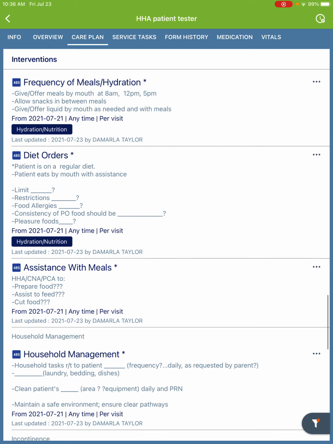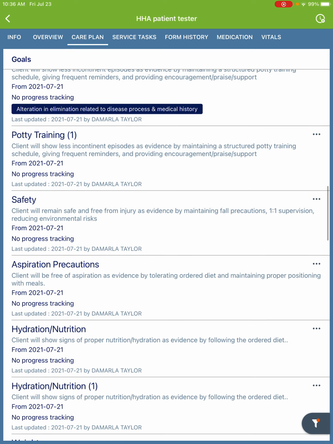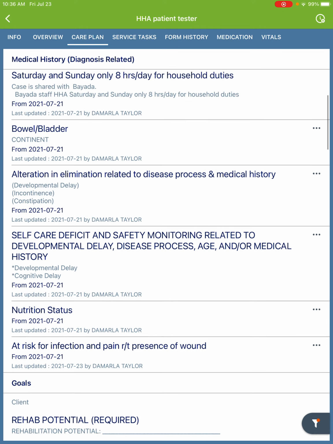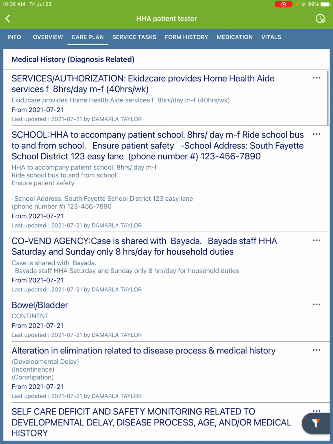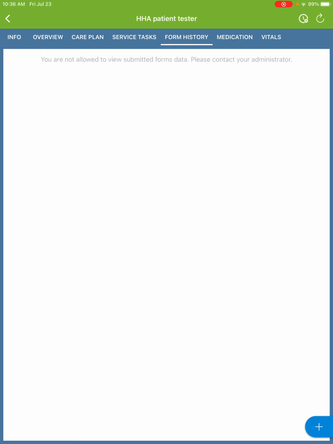So as I said in the previous training, this gives you a complete picture of the patient's entire plan of care, even if there are things that you may not do specifically on your shift. We have our service tasks here, which we did go over in our previous training. And then this takes us to form history.